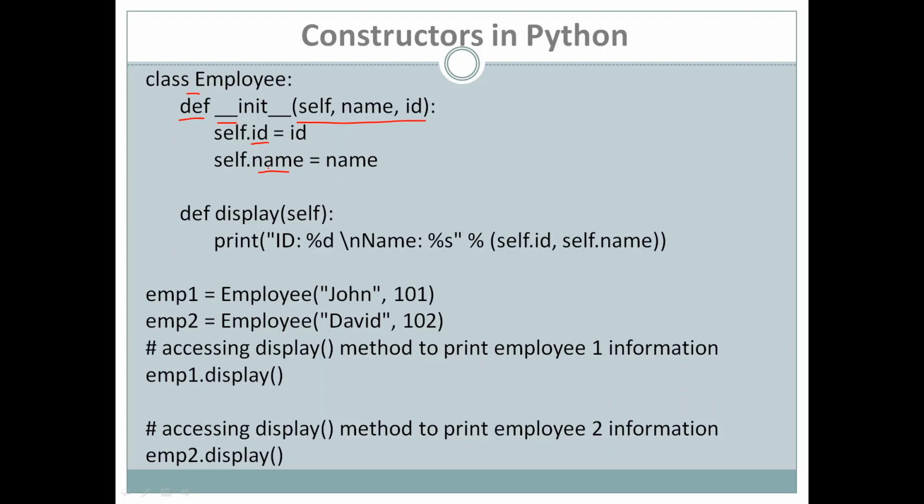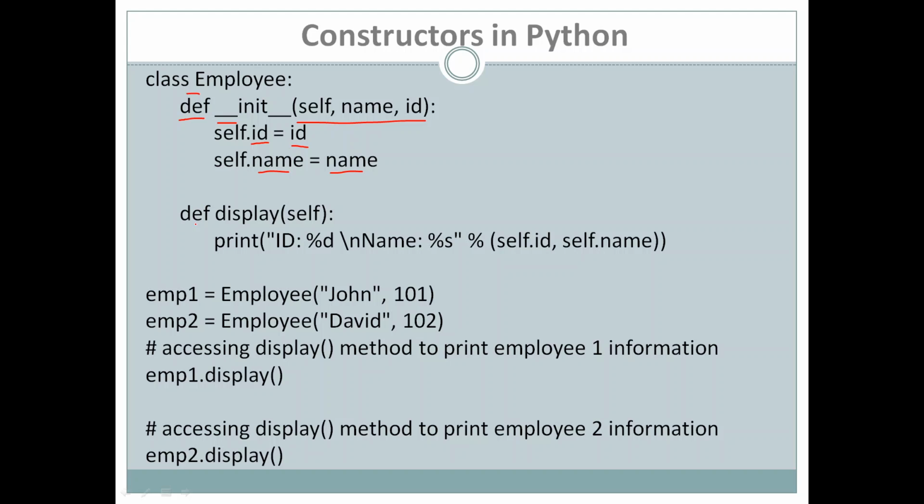So id and name are instance variables which belong to the object of a class, and self.id is assigned with the value id which is received in the function. Self.name is assigned with the value of the variable name which is received in the init function.